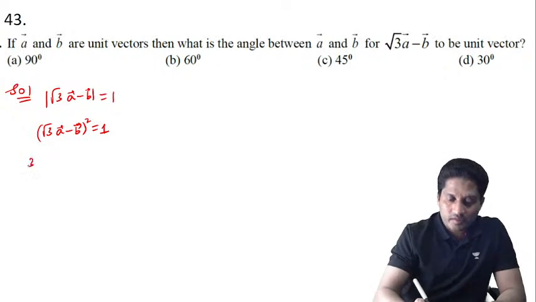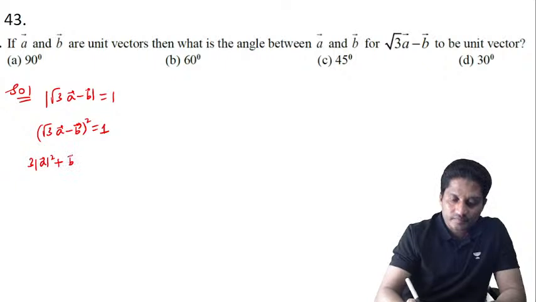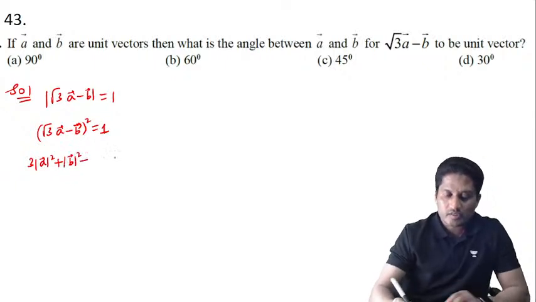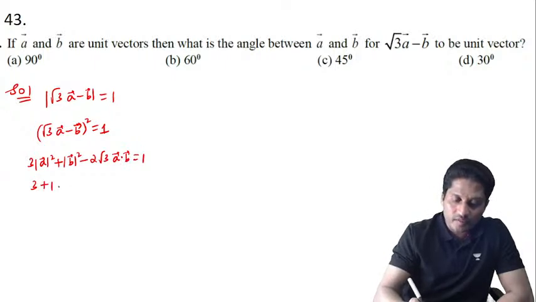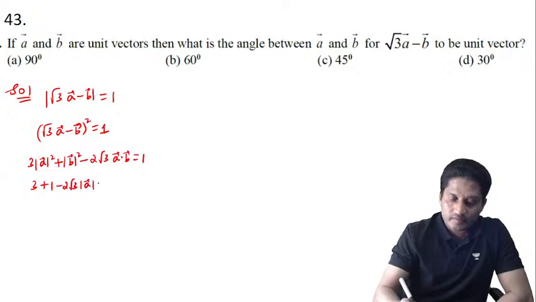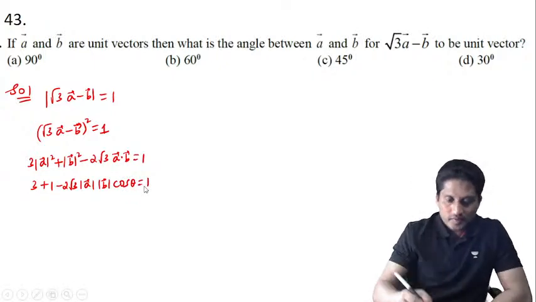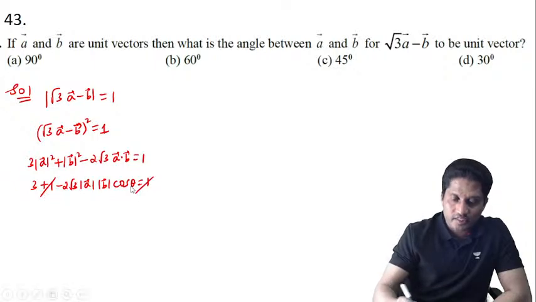So A square, that is equal to 3A square, B square minus 2AB, that is 2 root 3 into A dot B is equal to 1. So 3 into 1 plus B is 1 minus 2 root 3. A dot B is mod A into mod B into cos theta is equal to 1. Alright, so this will cancel. Yes, Gaurav, right? 3 is equal to 2 into root 3.